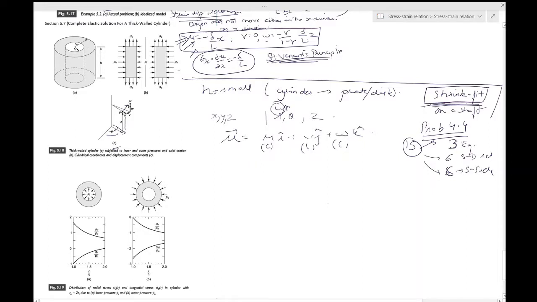All of them will be in the cylindrical coordinate system. So this problem 4.4 is extremely important, and you must definitely do this. It will be there in your list, but you must do this very sincerely, because only with this problem will you get comfortable with the cylindrical coordinate system.